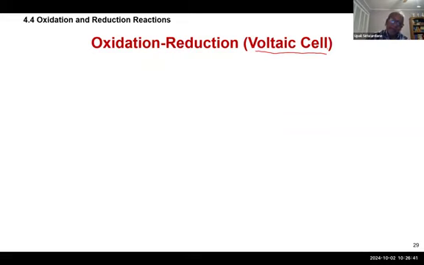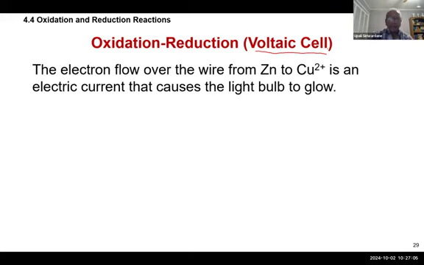An oxidation reaction could be turned into a voltaic cell where metals are dipped in solutions of metal salts to create a cell.